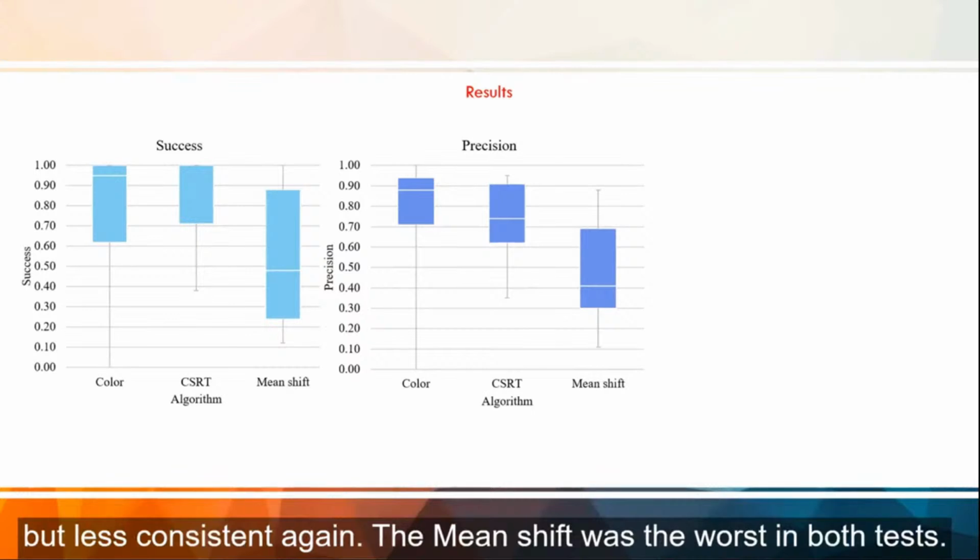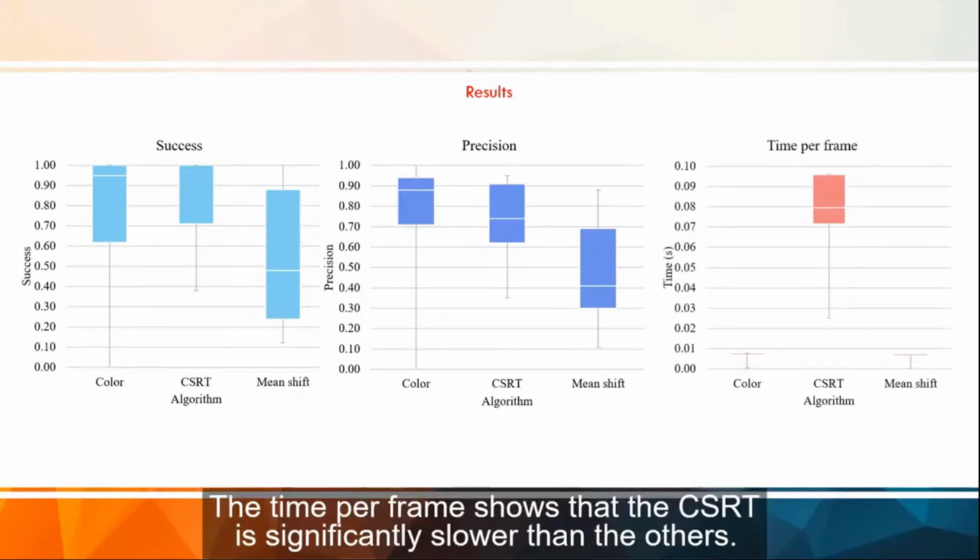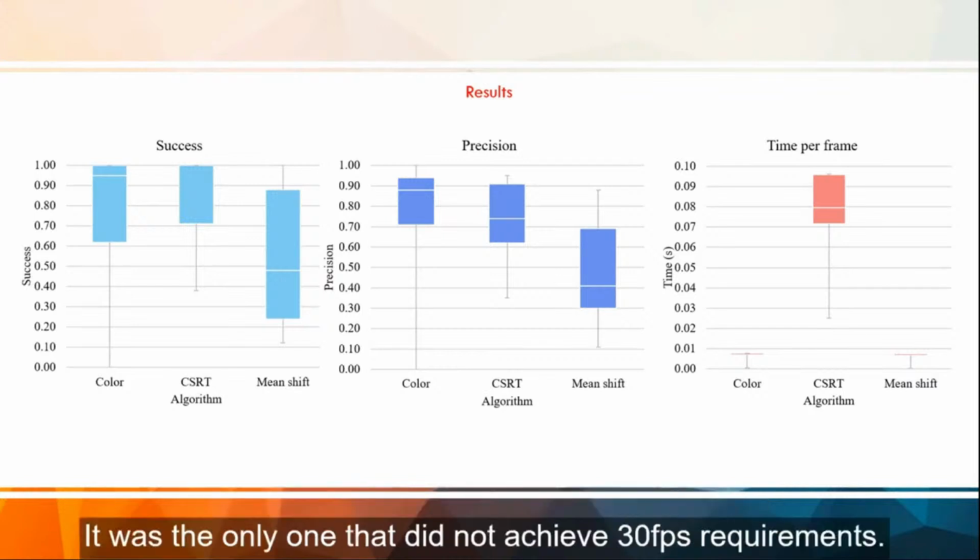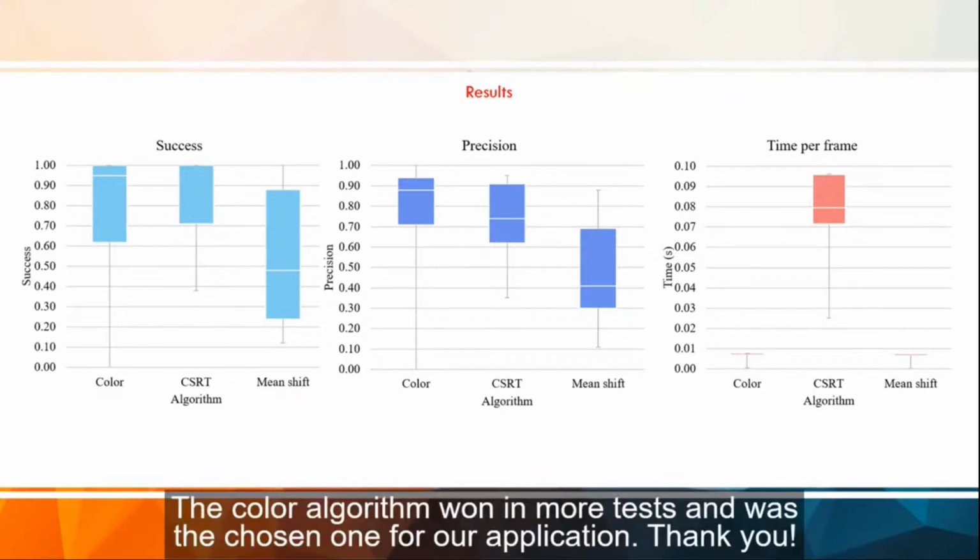The mean shift was the worst in both tests. The time per frame shows that the CSRT is significantly slower than the others. It was the only one that did not achieve 30 FPS requirements. Overall, the color algorithm won in more tests and was the chosen one for our application.